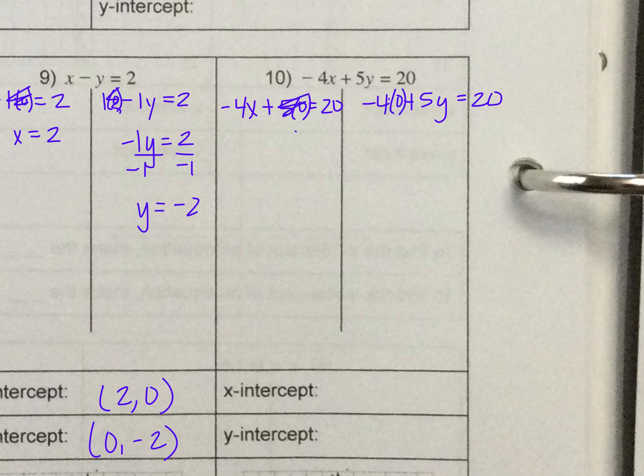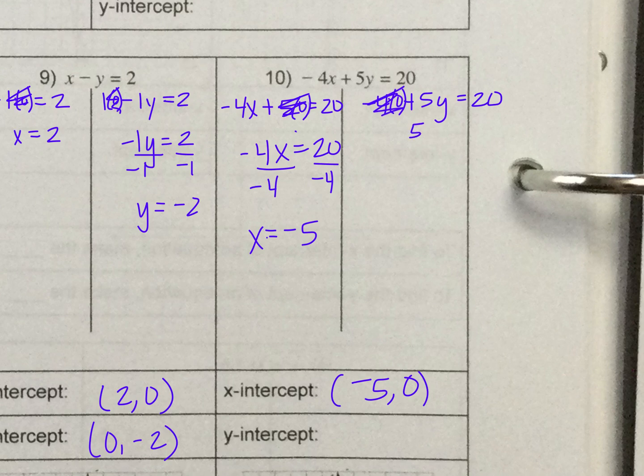All right, that goes away. I have -4x equals 20. Divide by -4. X is -5. That goes away. 5y equals 20. Divide by 5. Y is 4.